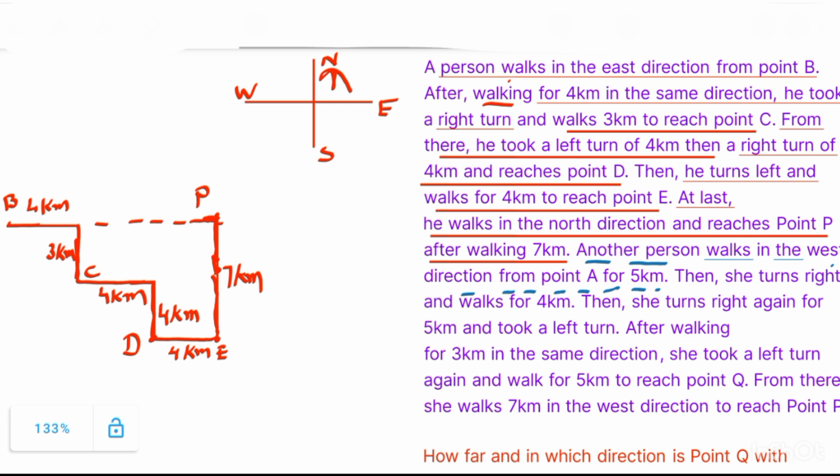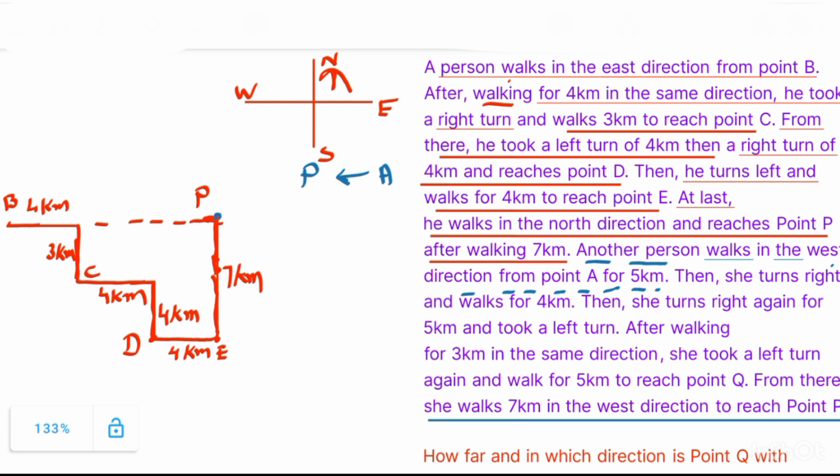So in the last line it's given that she walks 7 kilometer in the west direction to reach point P. So it means that she reaches point P at the end. She starts from point A and at the end she reaches point P. So she is here at point P.